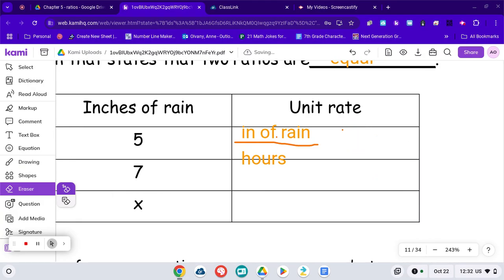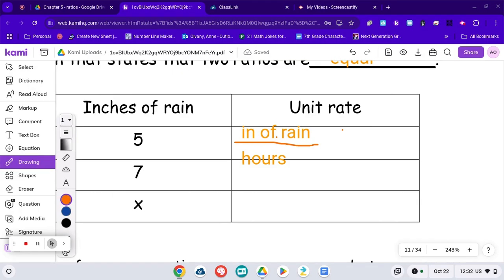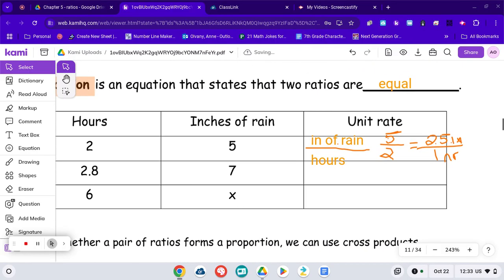Make it big, because then it's a little bit easier to write on. 5 inches in 2 hours. And this comes out to be 2.5 inches in 1 hour. That's kind of a lot, actually. Okay, 2.5 inches an hour.